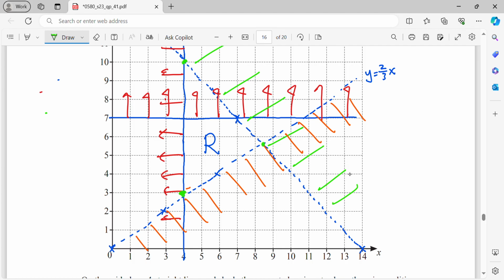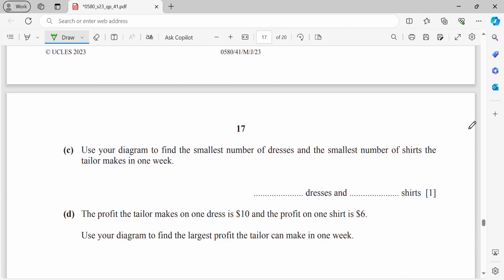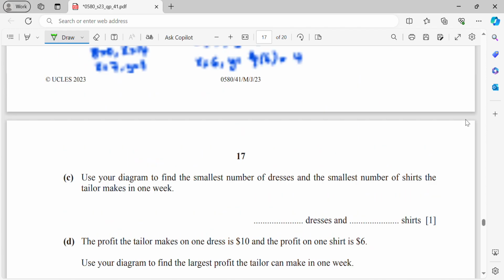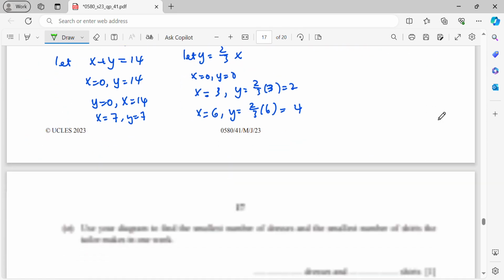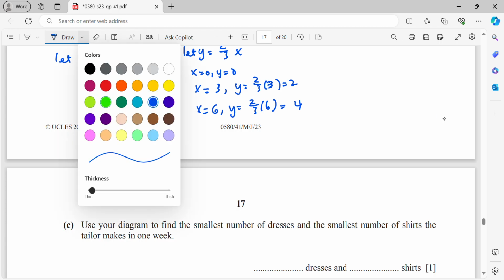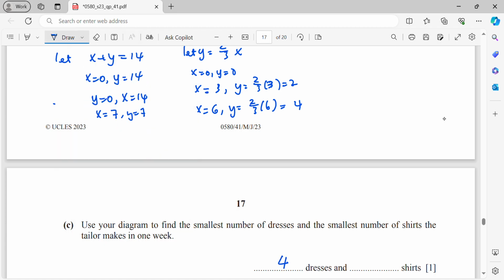That means the smallest will be (4, 3), because if you pick the second point, the x is greater than 4 and the y is greater than 3 as well. So the smallest is (4, 3). So the smallest x is 4, and x is dresses. So the smallest will be 4 dresses. The smallest number of shirts will be 3.